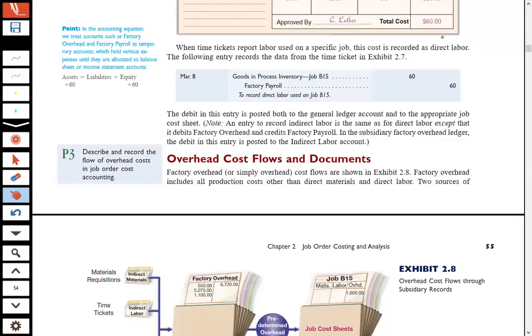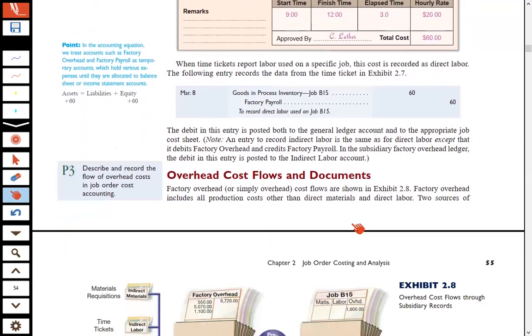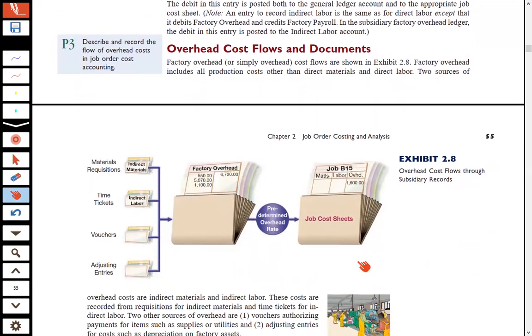Let's continue. So we were discussing the time taken for the labor. Till here, fine. Any problem? No. Then the entry, that is goods in process debit, and factory payroll, that is the payroll payable, accrued payroll, it is credited. Now obviously, since we have made the records of material and labor, similarly all the factory overhead documents need to be maintained.